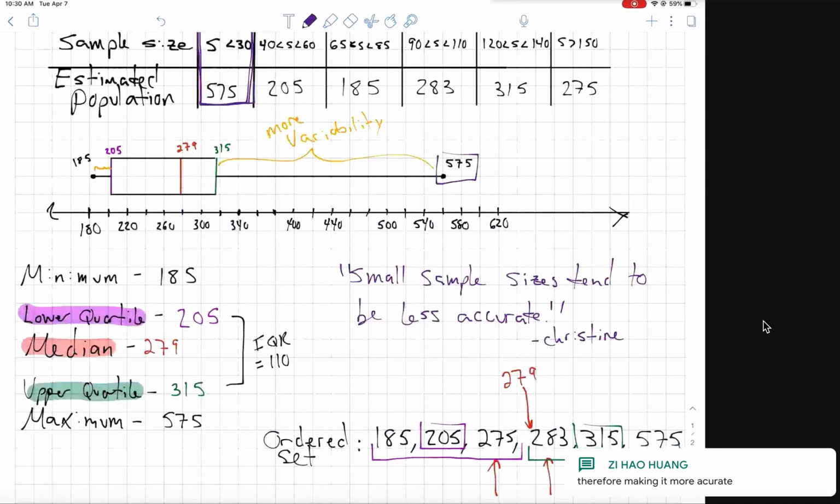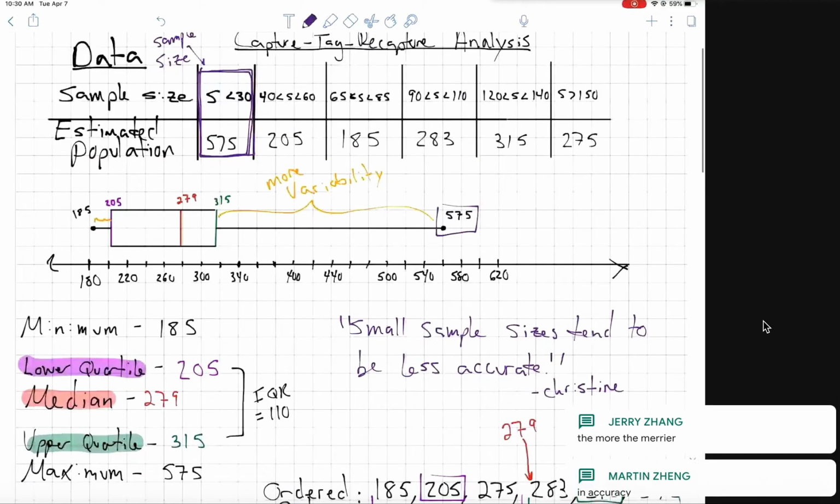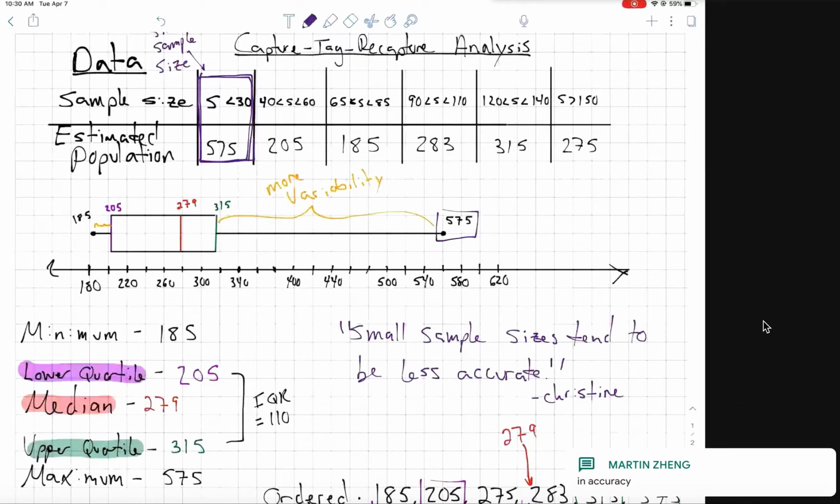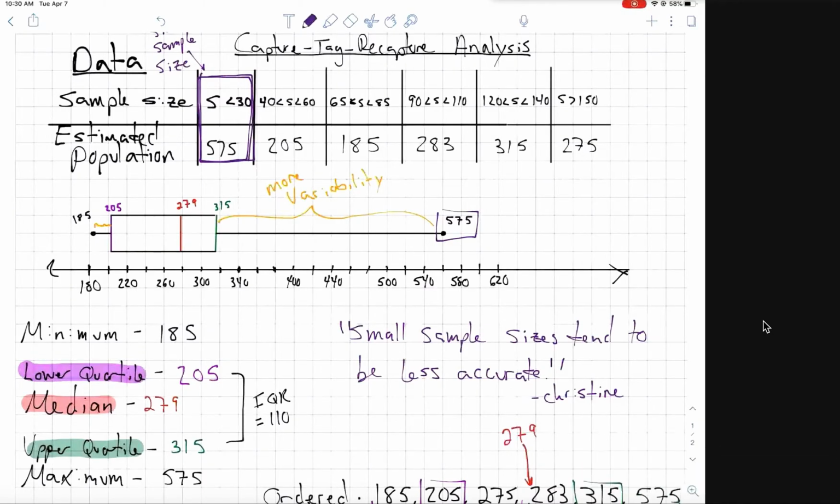The more the better. So the larger the sample size, the more accurate our data becomes. Can someone use the box plot as a way to back up that claim that a large sample size gives us a better estimation of the number of fish? Who can use the box plot and the data to justify that claim that a large sample size tends to be more accurate?